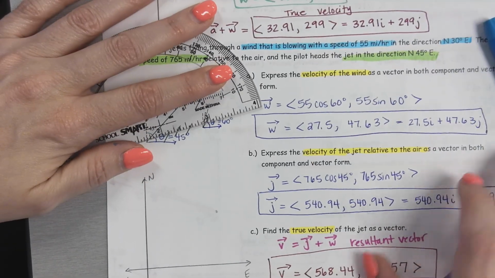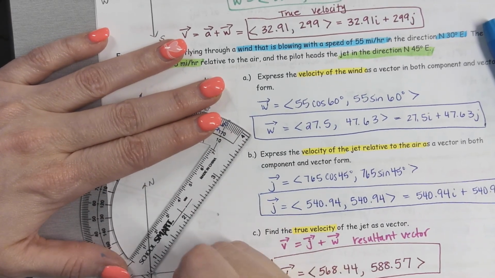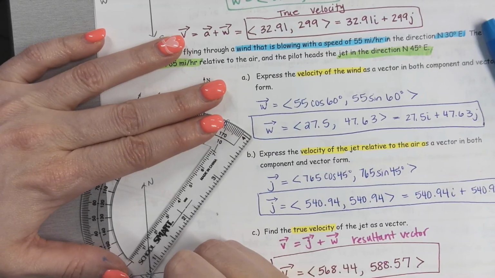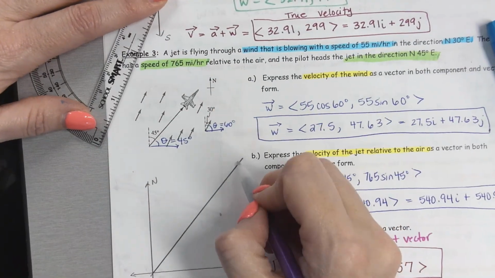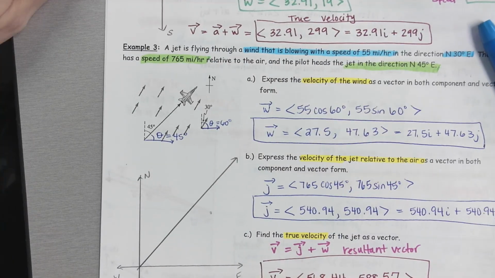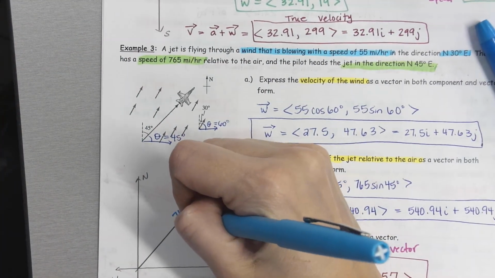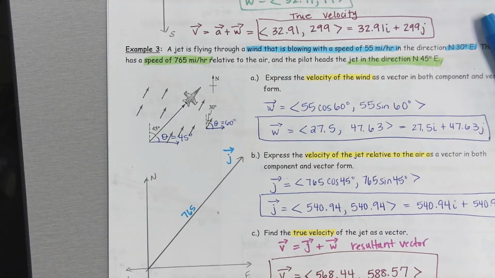If it's 765 and it's at the 45 degrees, I always just draw that as half of my quadrant because 45 is going to be half. Because it's such a large number, I try to make that a long vector. So that is my jet vector.